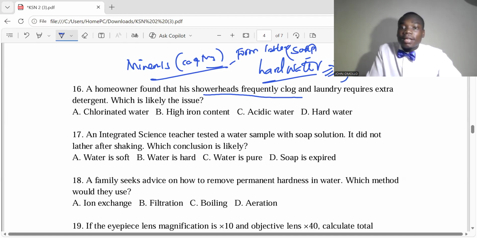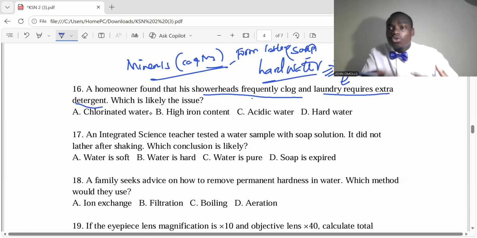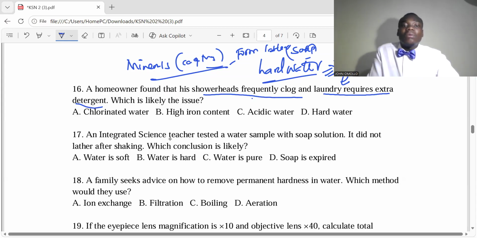This scum is what clogs the shower heads and leads to more wastage of detergent. It does not lather easily with soap, so you need more soap for the water to lather. Why is that? Because of the hard water.